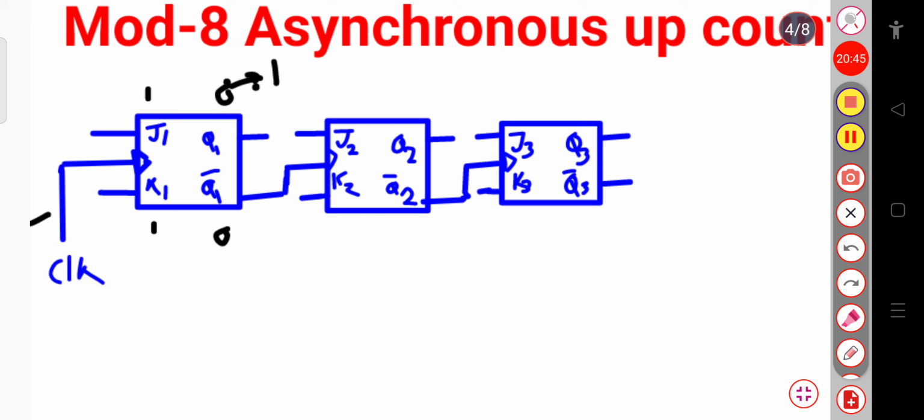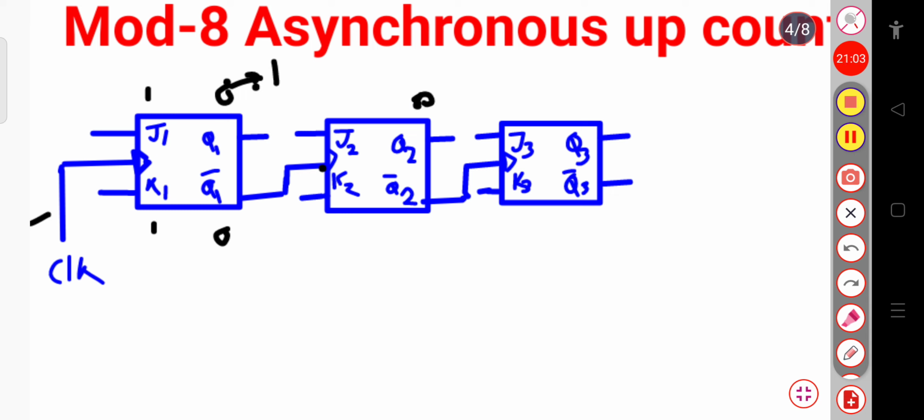Now this 0 goes to the clock pulse of the next flip-flop. Since it is an off counter, when the clock is in the 0 condition, the flip-flop is in the off condition. So Q2 is also 0.